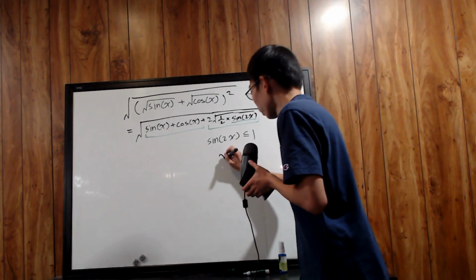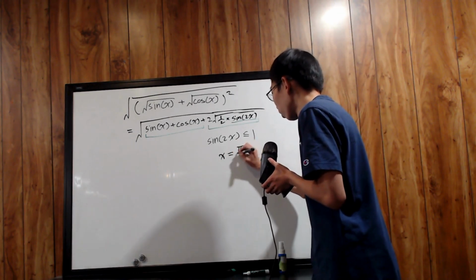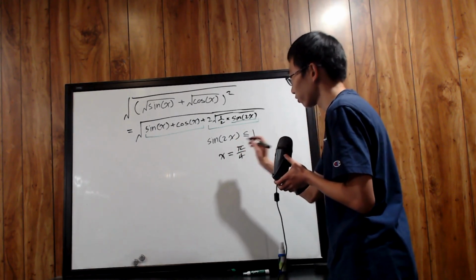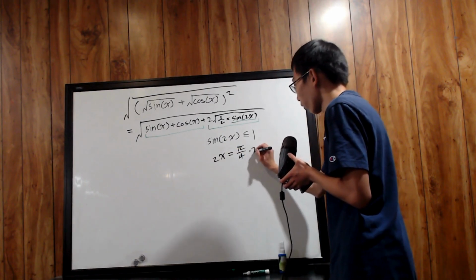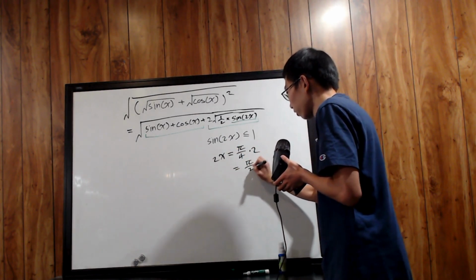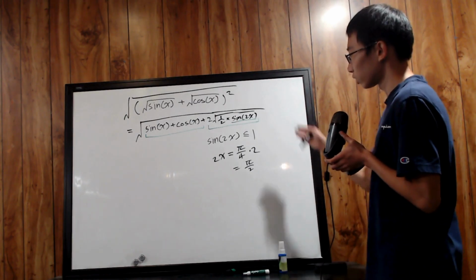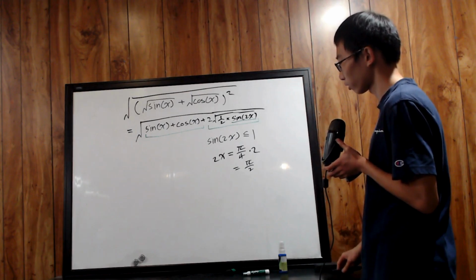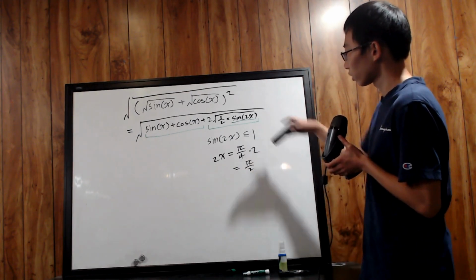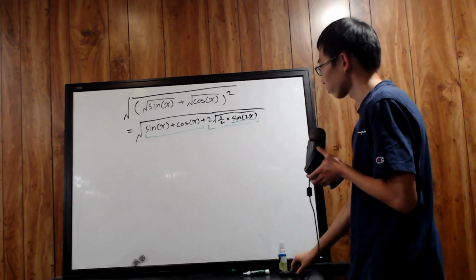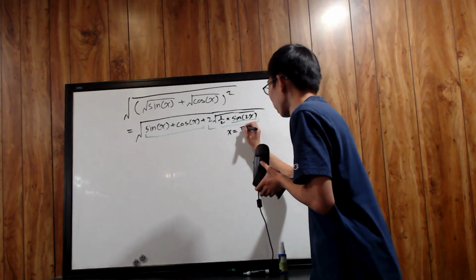Well, one value of x that will achieve that is pi over 4, because sine of 2x in this case, if it's pi over 4, we would be doing sine of pi over 2. And sine of pi over 2, or 90 degrees, is equal to 1, achieving our maximum value. So we see that one value of x that achieves this maximum value is x equals pi over 4.